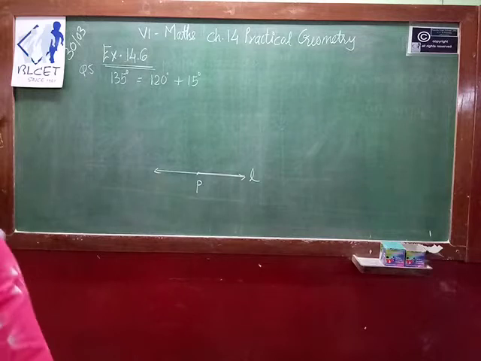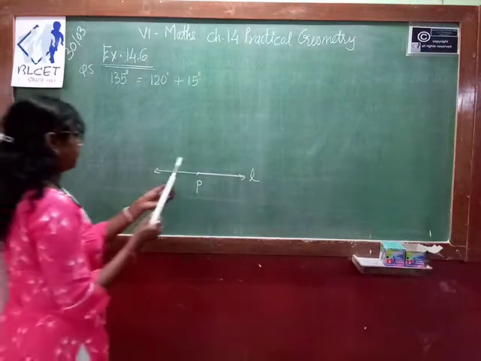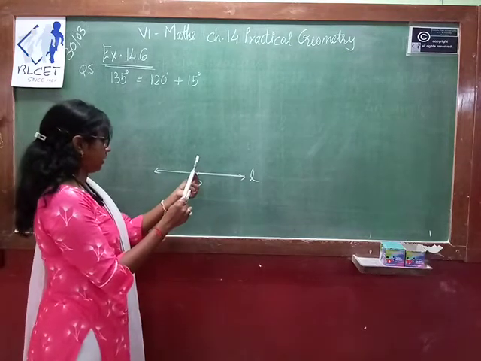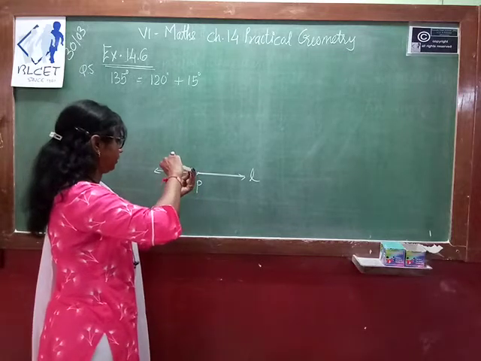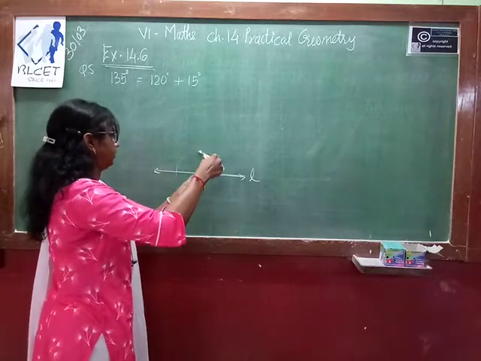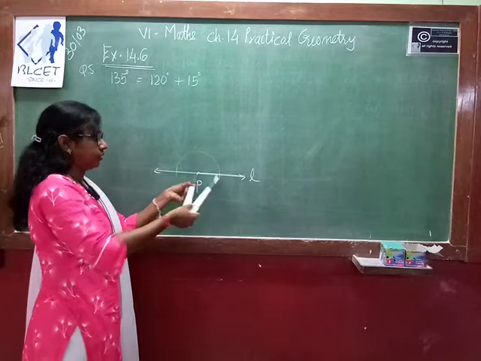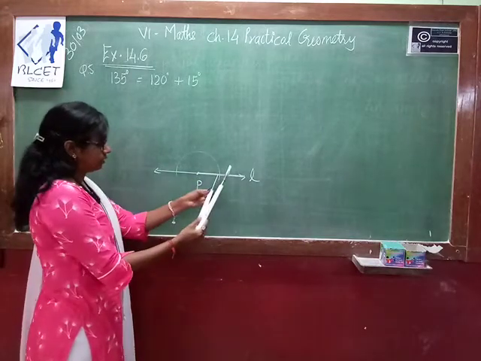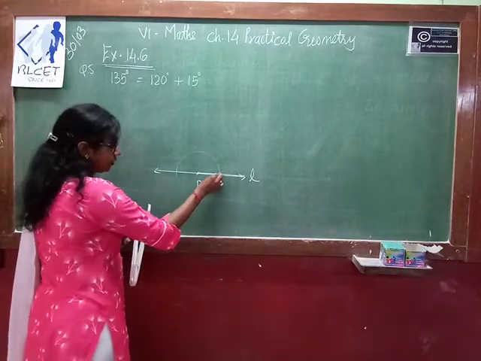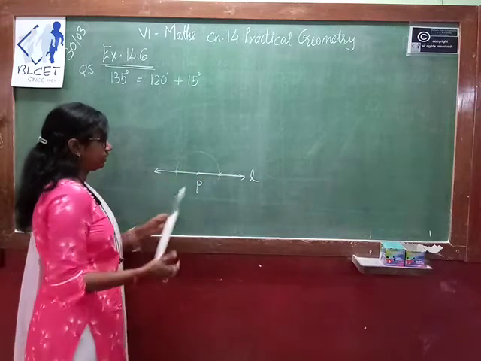Before that we first have to draw 120 degree. So what we can do, we just draw a semicircle arc, so that we get two intersecting points on the line.